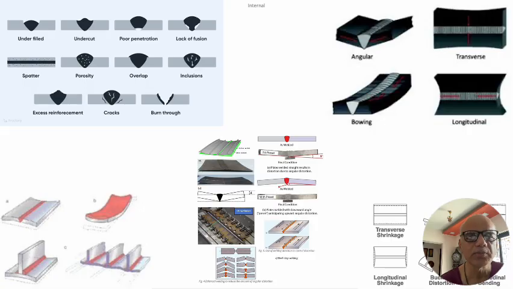If you try to join them in a larger gap after a burn through, the weld metal will be very thin, and that thin material, while it is cooling down, will not be able to sustain the shrinkage and it will crack.